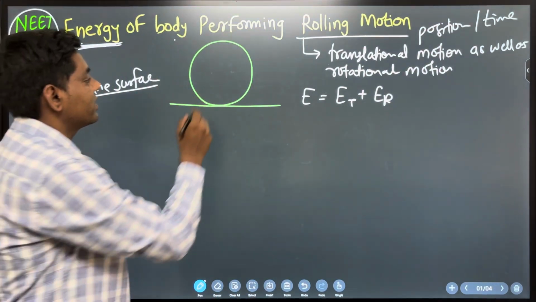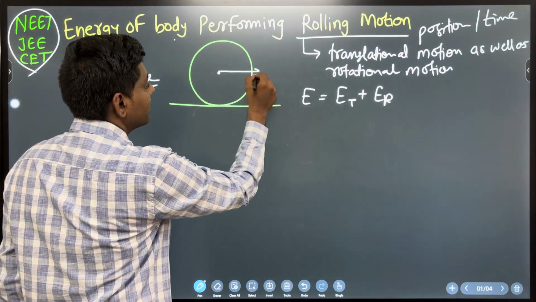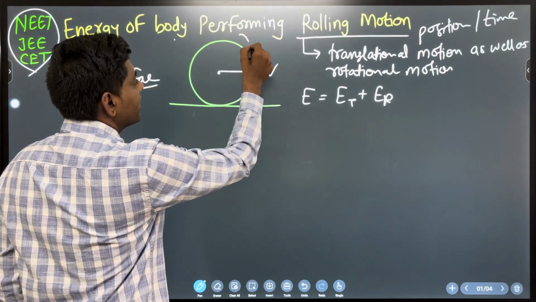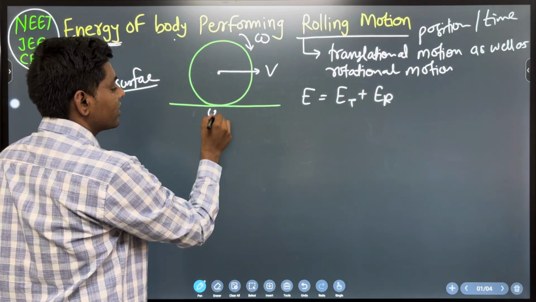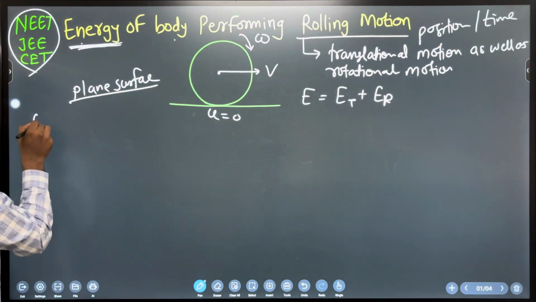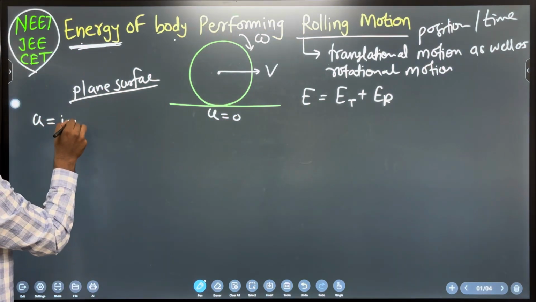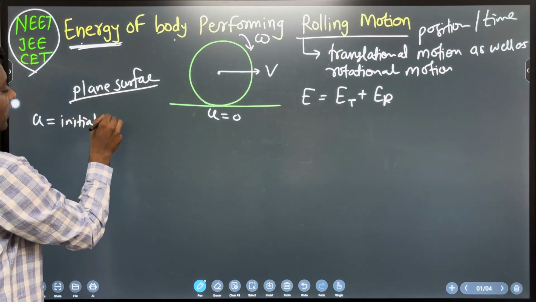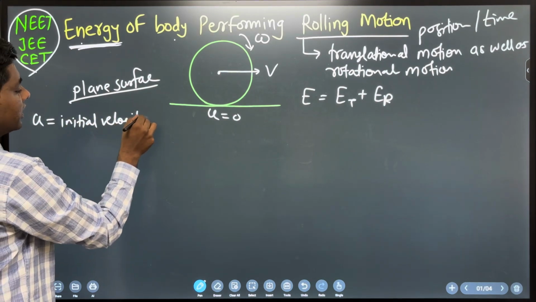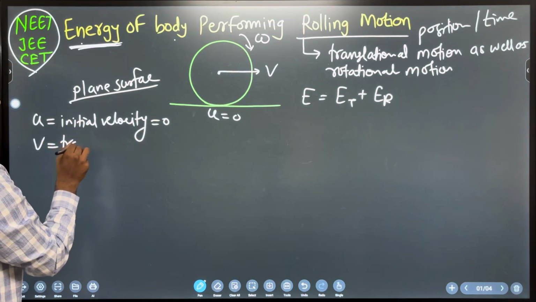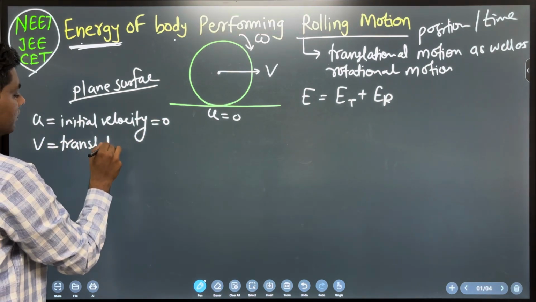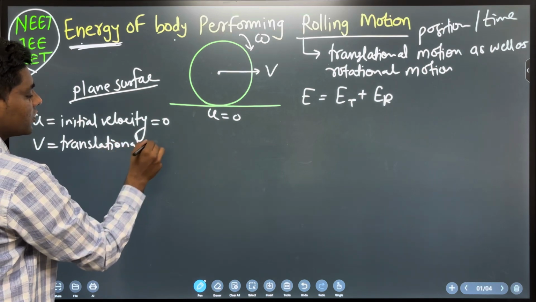Whenever the object is moving, we consider that this is the translation speed. It is rotating with angular velocity omega, having initial speed 0. So let u be the initial velocity, it is 0. Then v be the translation speed or velocity.